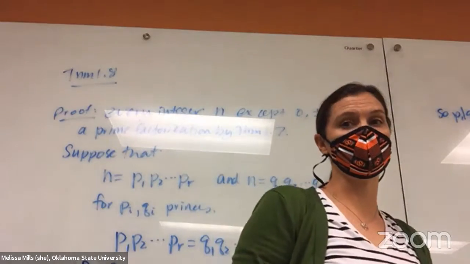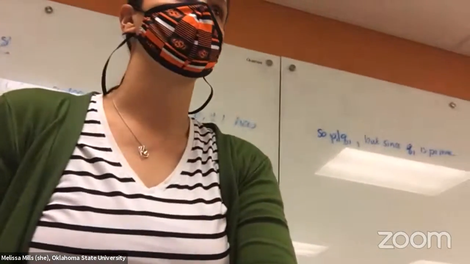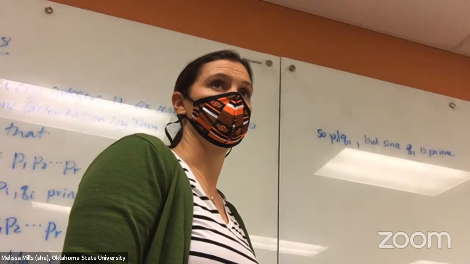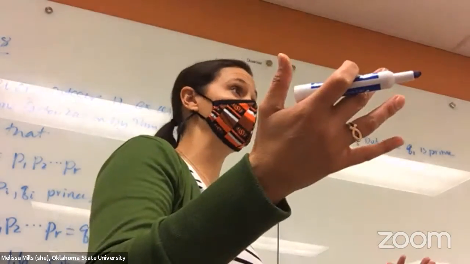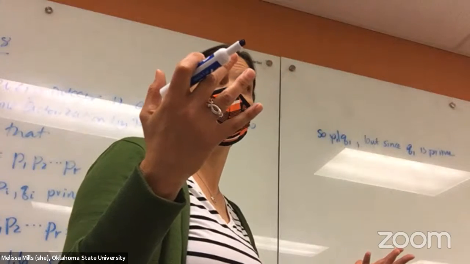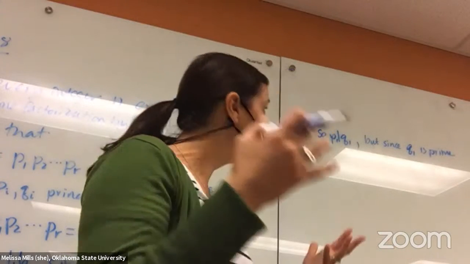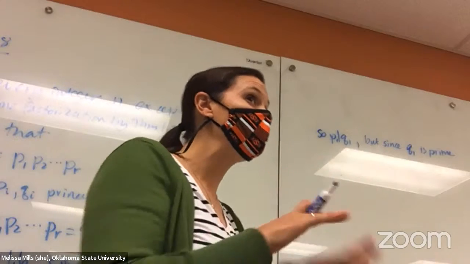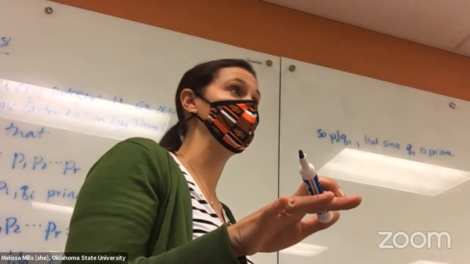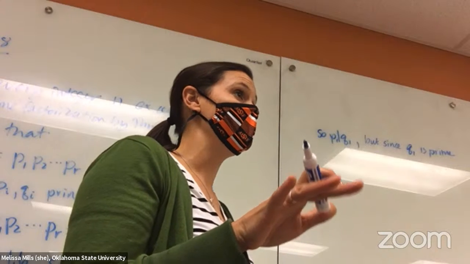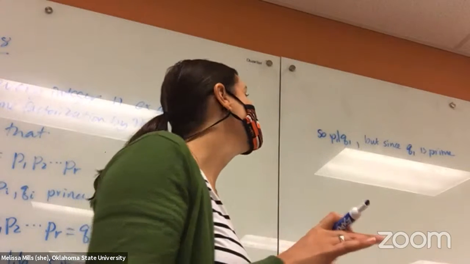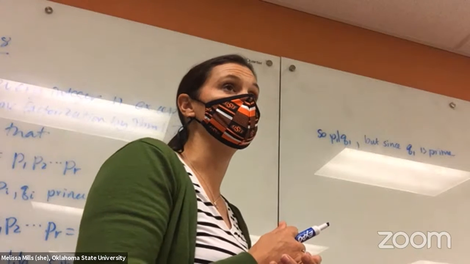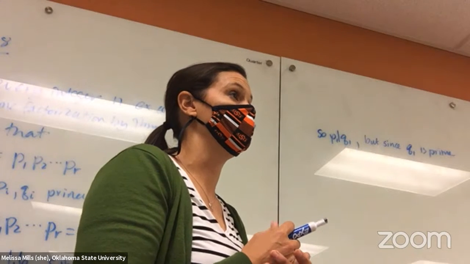What can its divisors be? What are the divisors of Q1? Just one. Plus or minus one and plus or minus Q1, right? So if P1 divides Q1 and P1 is prime, it's not plus or minus one. P1 is not plus or minus one, is it? Because it's a prime, okay? So the only possibility is that P1 equals plus or minus Q1, okay?